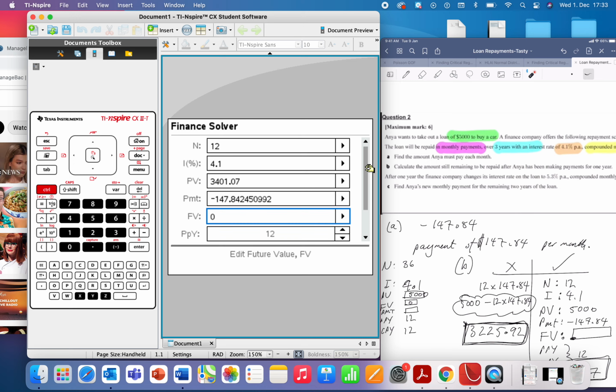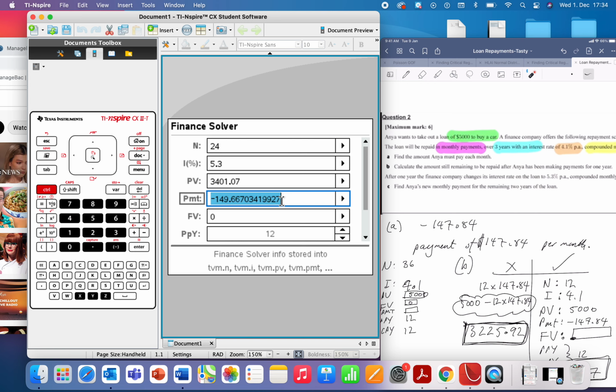The interest rate has changed. Now this is 5.3. I think it's still compounded monthly, right? Still compounded monthly. Now we have 2 years left to repay. That's 24. And now we've got to work out the new monthly payment.